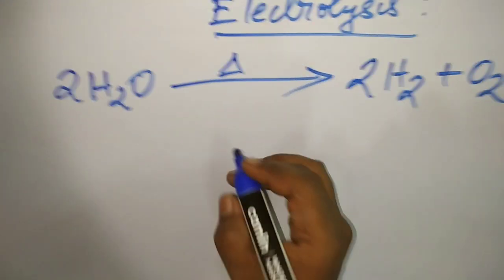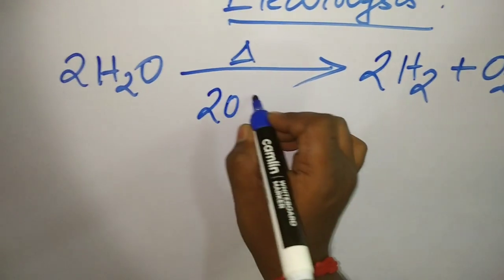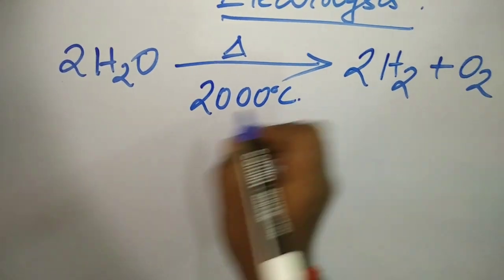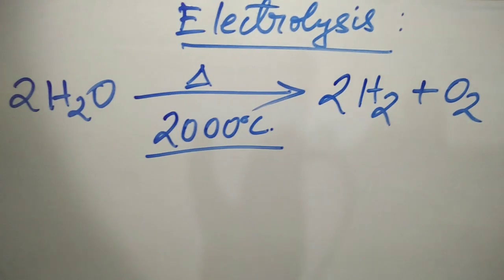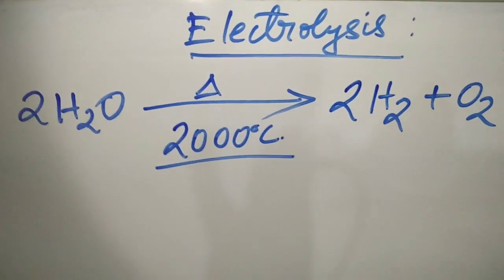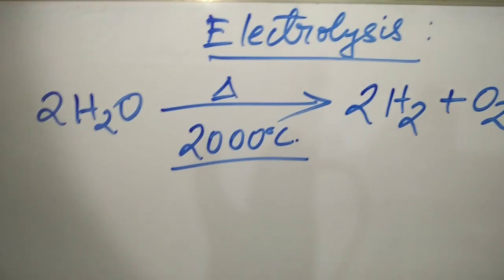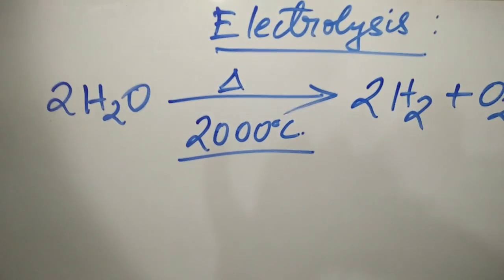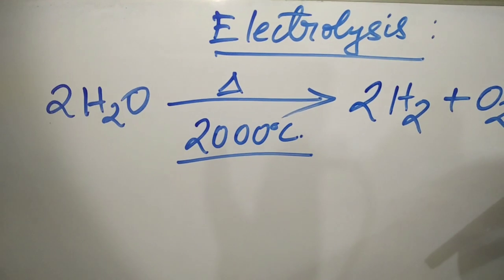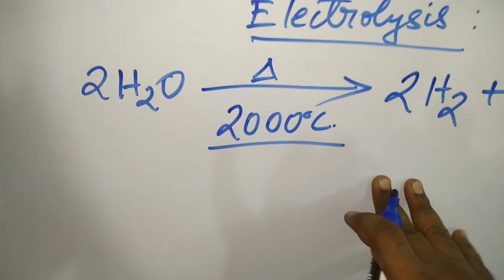You can't imagine. Approximately 2000 degrees Celsius, and for a normal laboratory it is impossible. I will not say impossible, but it will be good for the chemist not to use the heat decomposition reaction.